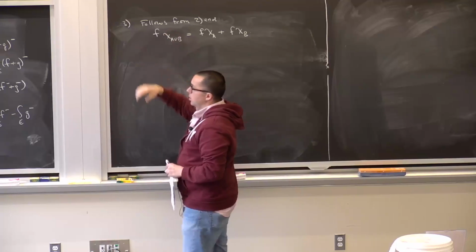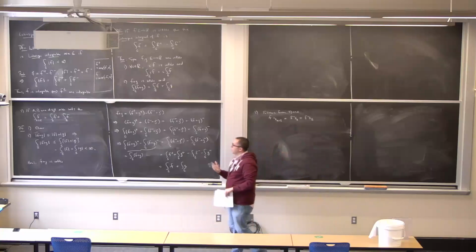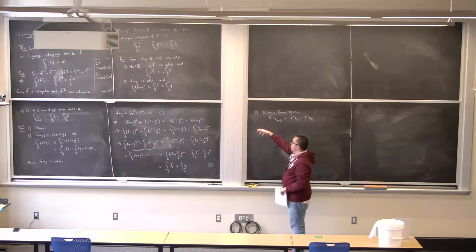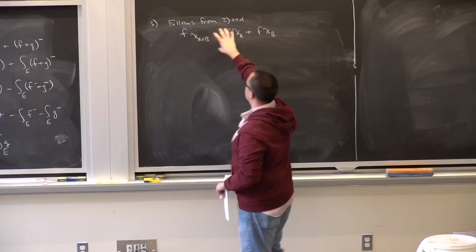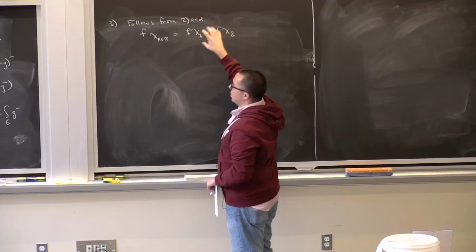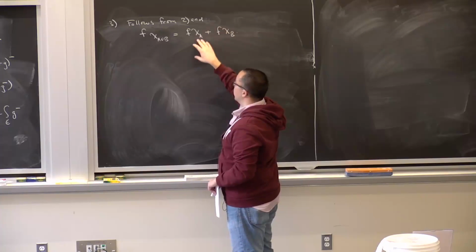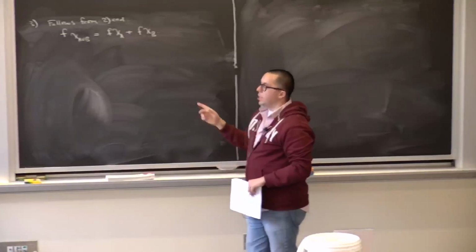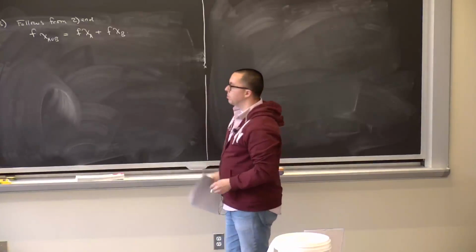using what we know for the integral of non-negative measurable functions, it follows that the integral of f over A union B is equal to the integral of this quantity here over E, which is equal to the integral of this sum here, which is equal to the sum of the integrals, and then going back, that's equal to the integral of f over A plus the integral of f over B. All right?